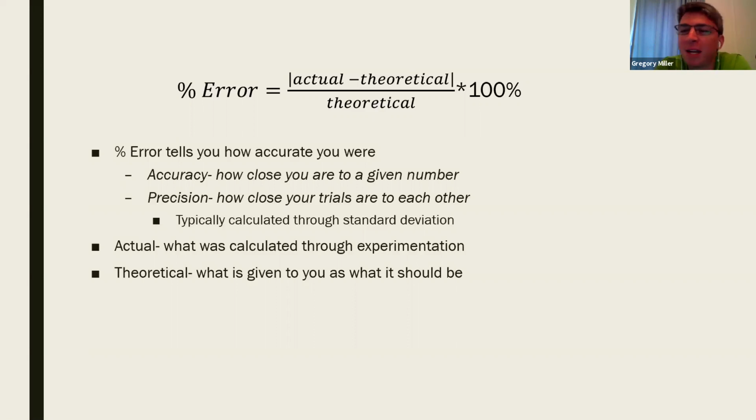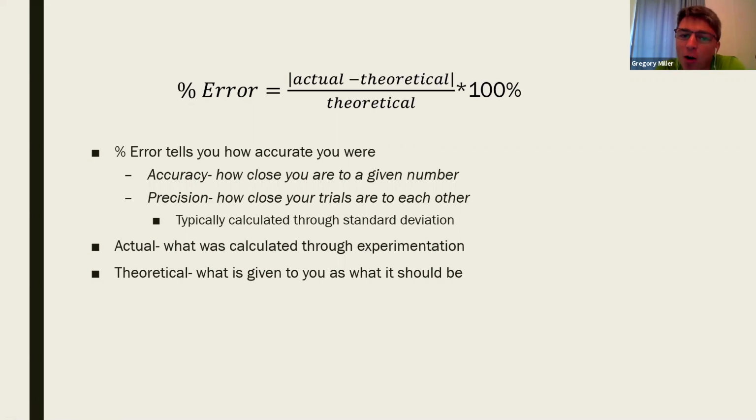And again, this is me doing it off of some lab data, but you can still find the percent error of how well I did this whole titration by taking the actual concentration you calculate minus the theoretical concentration you're told it was supposed to be. And if you notice there's these lines on either side of that difference, that's just absolute value. So whatever that difference is, make sure it's positive. If it comes out as negative, ignore the negative sign. Divided by your theoretical concentration times 100% to get your percent error.